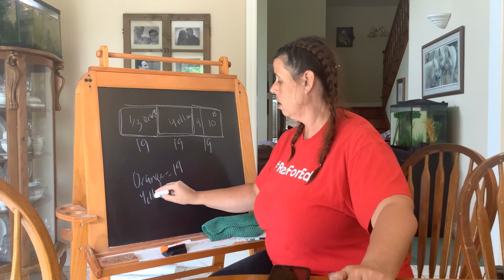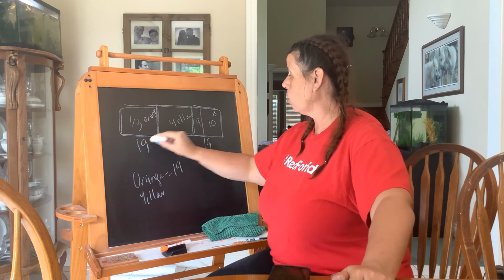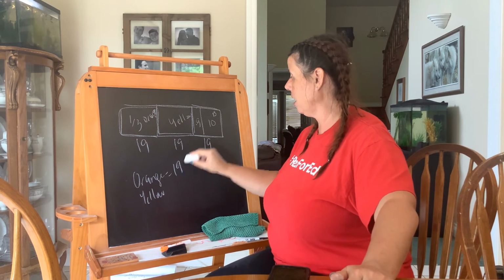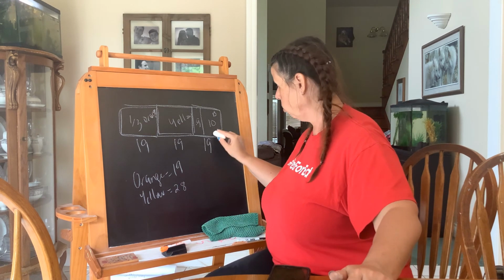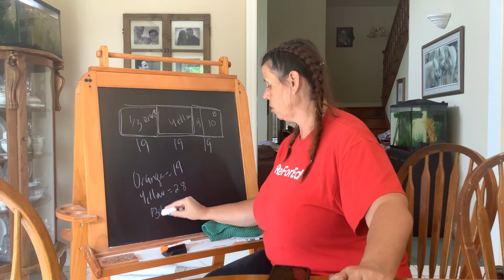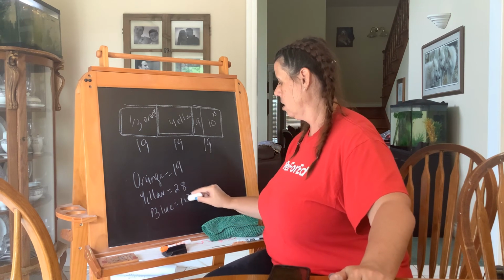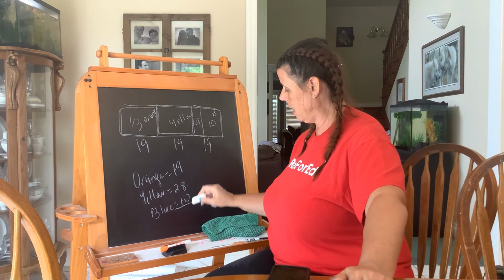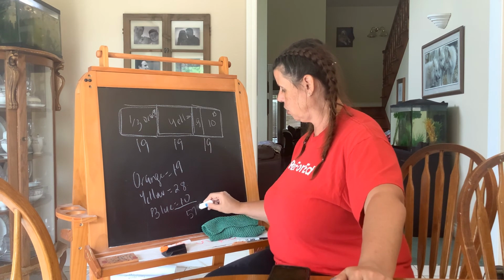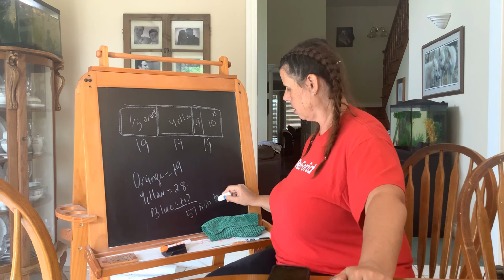Yellow was the same as orange plus 9. So it would be 19 and 9, which would be 28. And then they told us that there were 10 blue fish. So that means there's 19, 28, and 10 is 57 fish total in the tank.